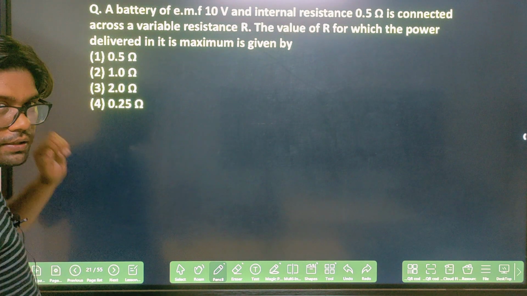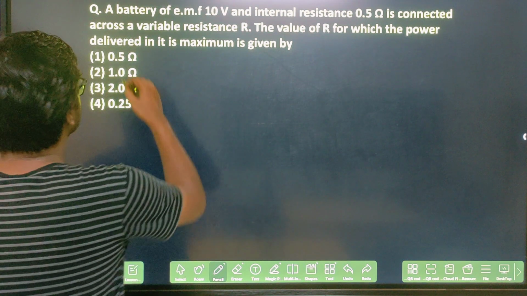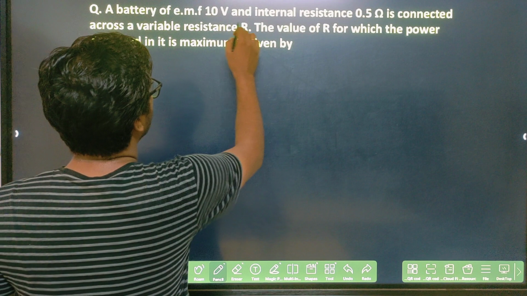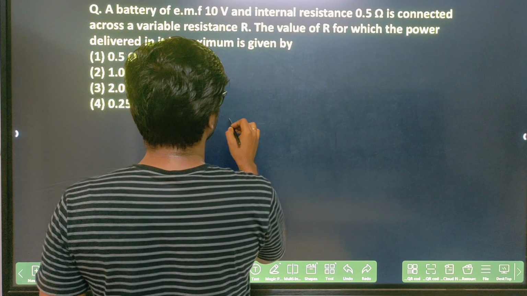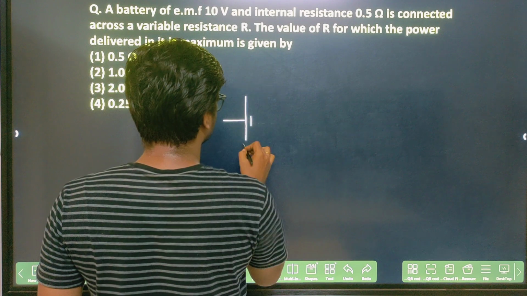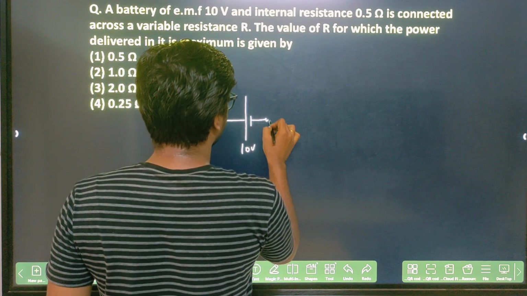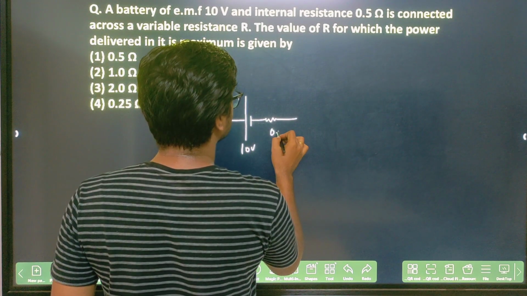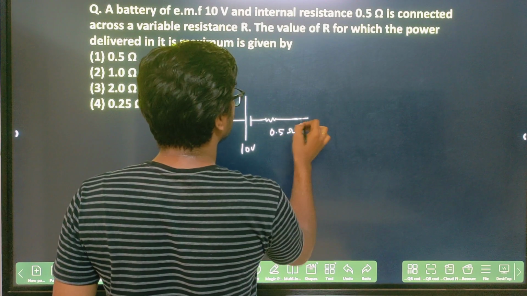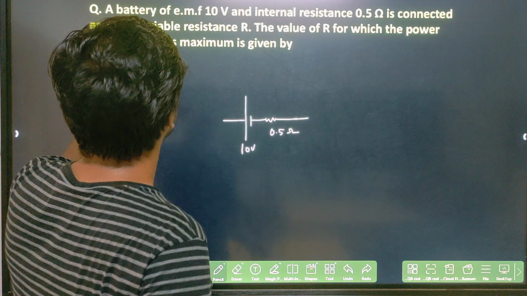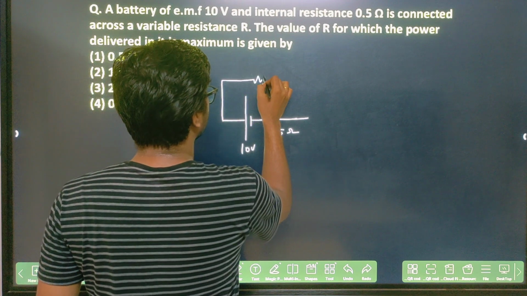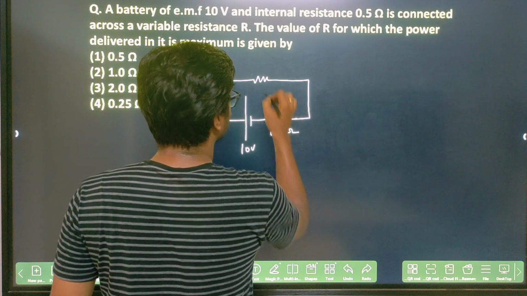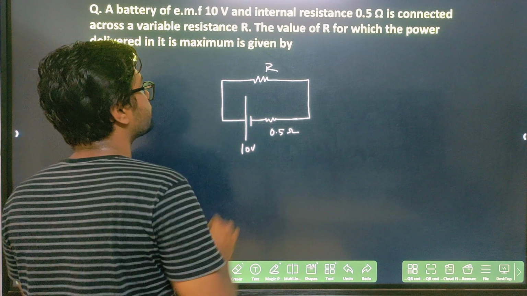This is the question, right? Read that question. A battery of EMF 10 volt and internal resistance of 0.5 ohm is connected across a variable resistance R. So it is connected to a variable resistance R, right?